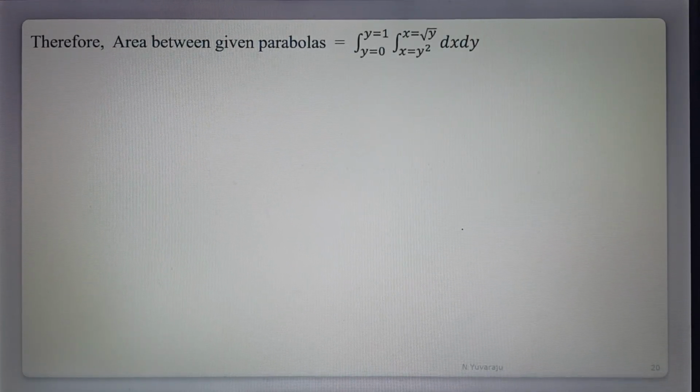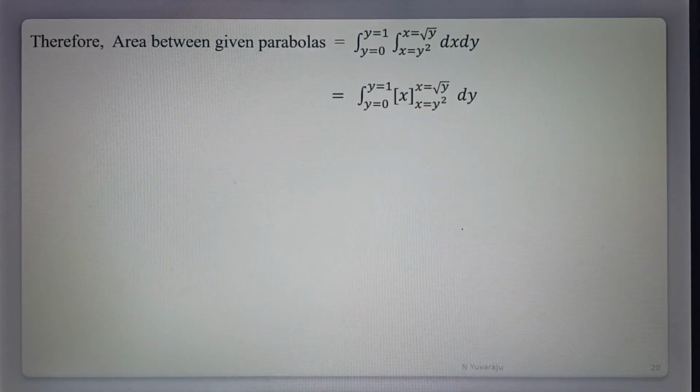So see the integration. The area between the given parabolas is integration y is equal 0 to 1, integration x is equal to y square to root y of dx dy, since for area the function is 1. With respect to x first, the integration of 1 is x.